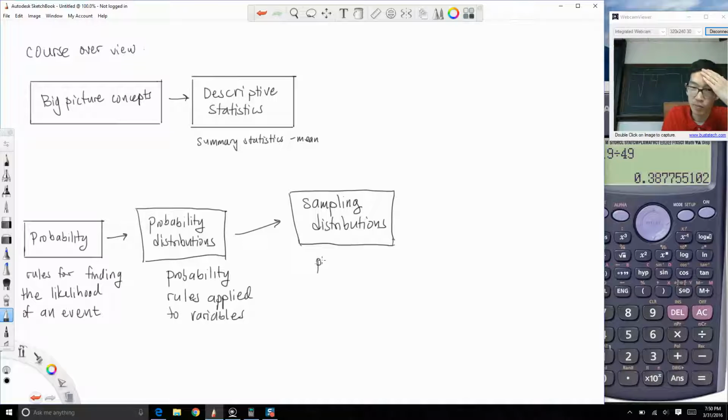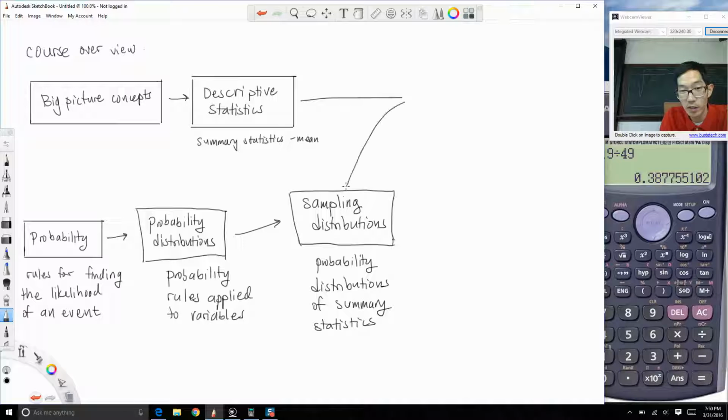Then we'll take our understanding of sampling distributions along with descriptive statistics, and these two come together for statistical inference.